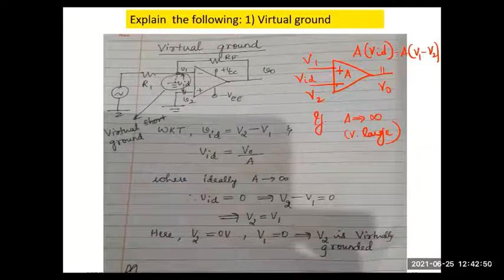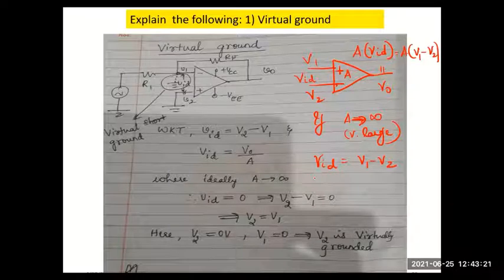Next, if A tends to infinity, what will happen to VID? See, what is VID? VID is V1 minus V2. I have given V1 to the non-inverting terminal and V2 to the inverting terminal.